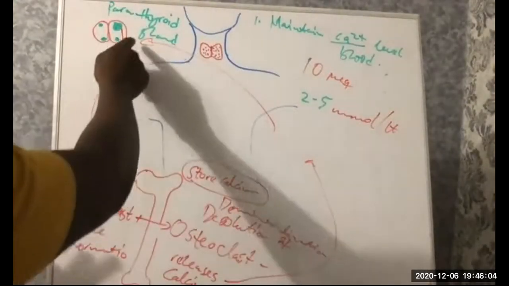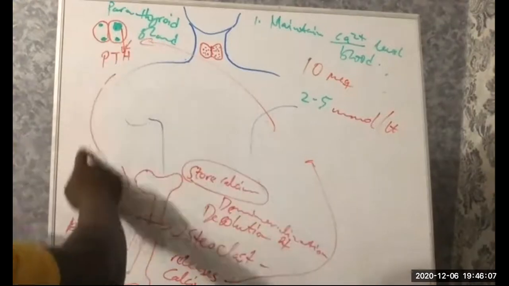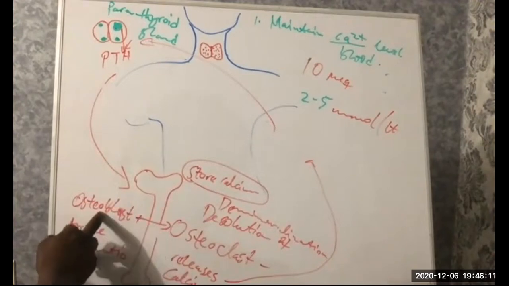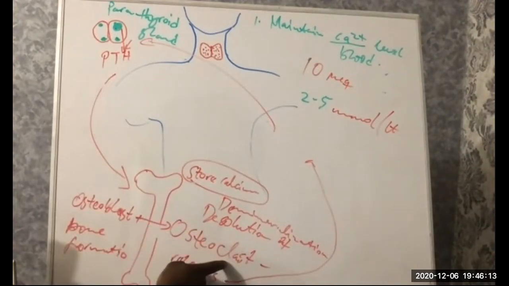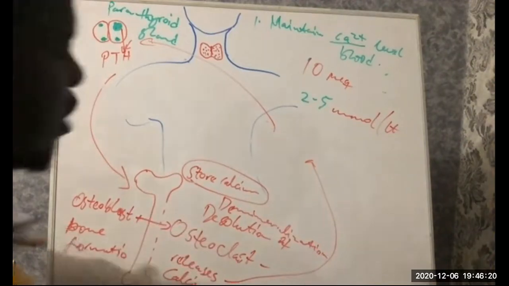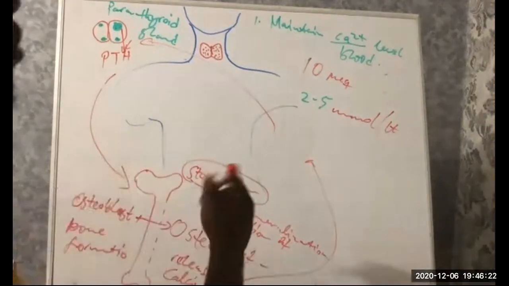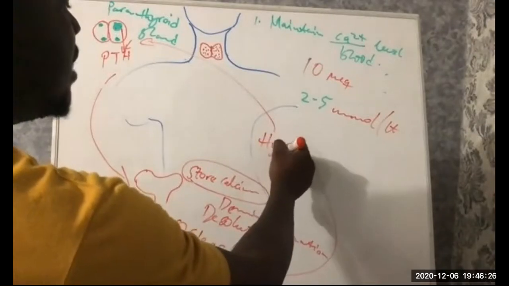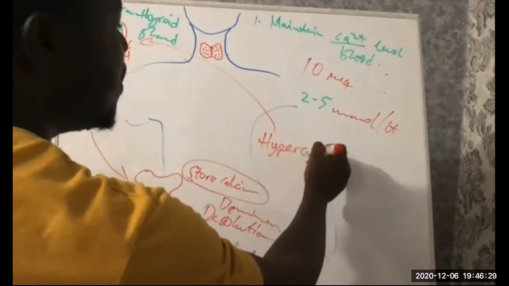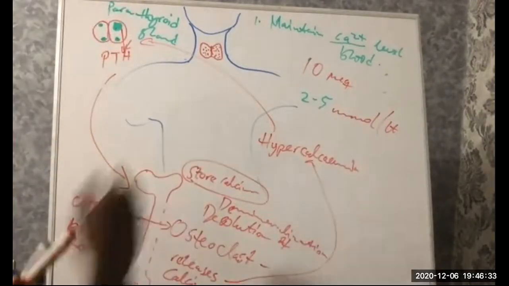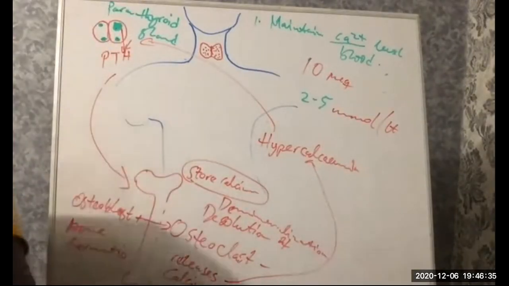So parathyroid hormone will still come to osteoblast to stimulate it. Then osteoblast will again activate osteoclast, and osteoclast will keep on dissolving the bone to release more calcium. The calcium being released will be more than normal, so we'll have a high calcium level in the blood. Hypercalcemia. We don't want this because this condition is bad.